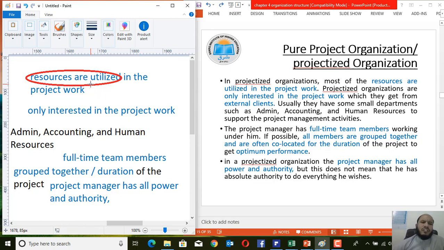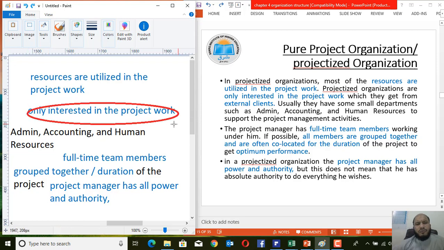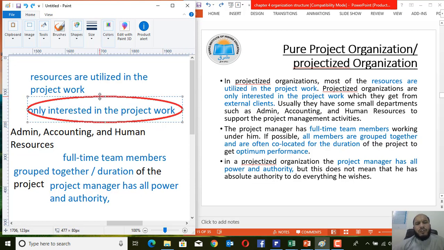One thing. Second, the project manager is only entrusted with the project work, and he will try his best to reach the project work and achieve the project goals.